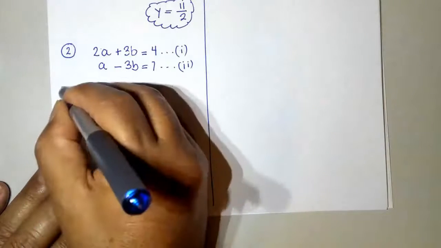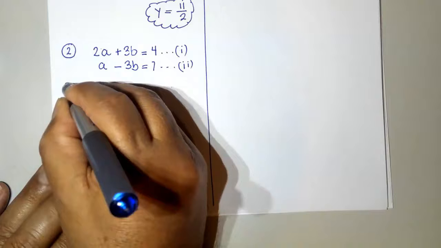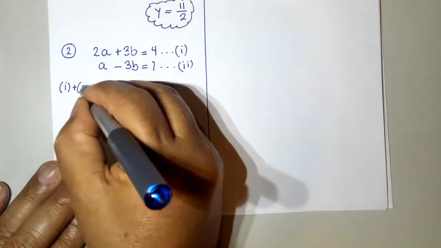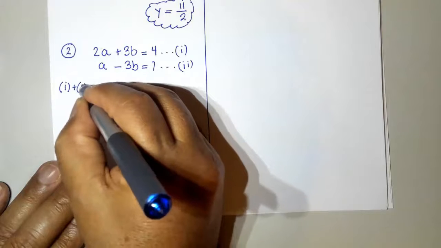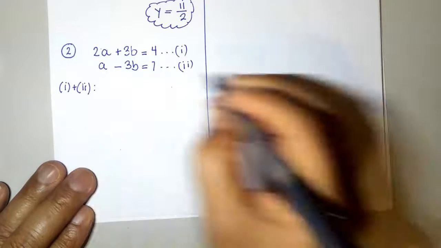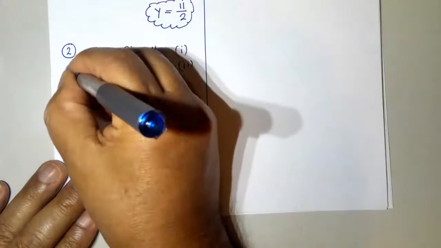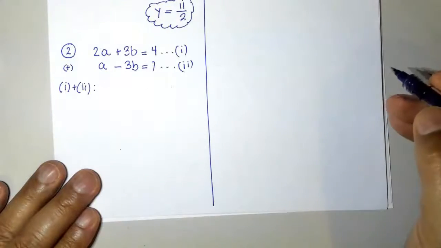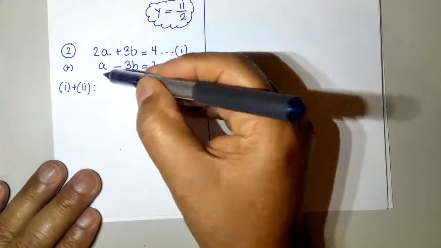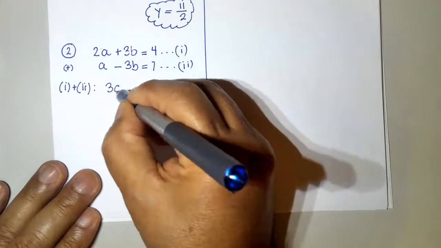So we're going to say equation 1 plus equation 2. So we plus them and see what happens. In here, if you want, you can put plus. Then we're going to have 2a plus another a is just 3a.